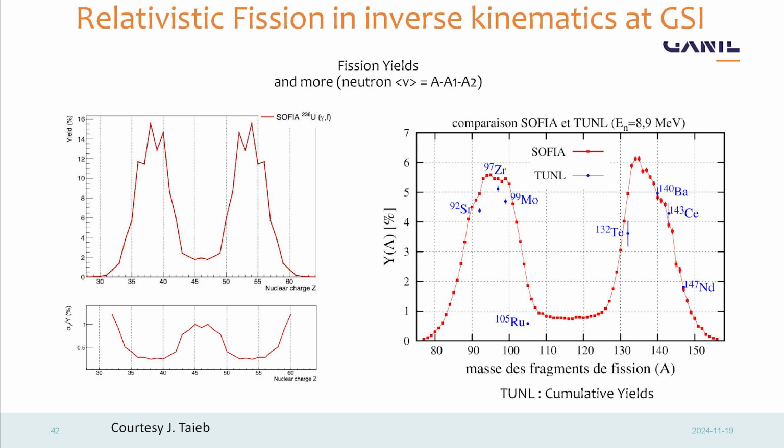Here you see the yield distribution, in % here, compared to measurements done, for example, for cumulative yields. And you see that, okay, in some cases it works relatively well, in some cases it deviates. This we know is very challenging, since from the cumulative yields you need to know a lot of information to get back to these independent yields.